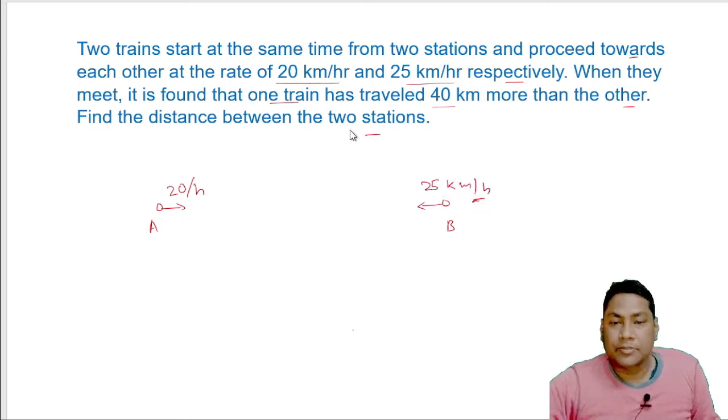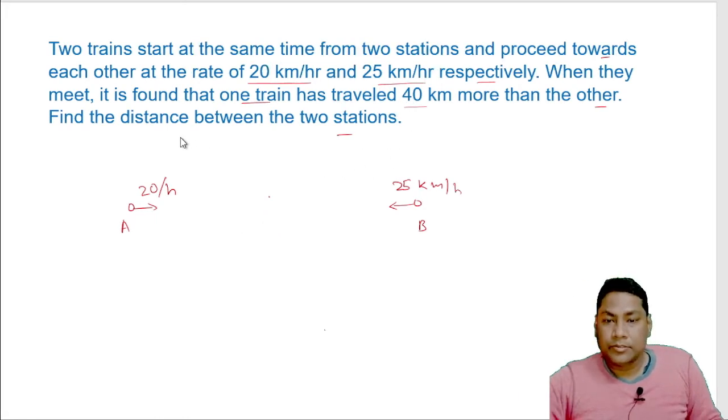When both trains meet, one train has traveled 40 kilometers more. Let us assume both trains meet at this point and one train has traveled 40 kilometers more.